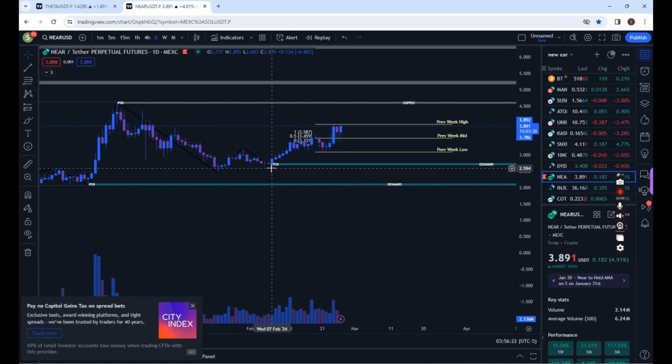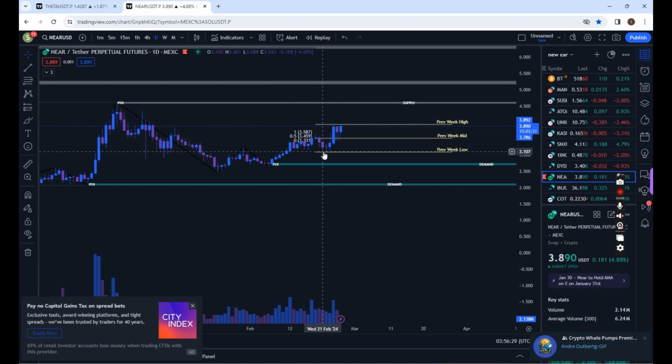And then I saw it start to go into an uptrend. So when it came back to here, I took a long. I only did ×1. And since I've done the ×1, it's popped off.